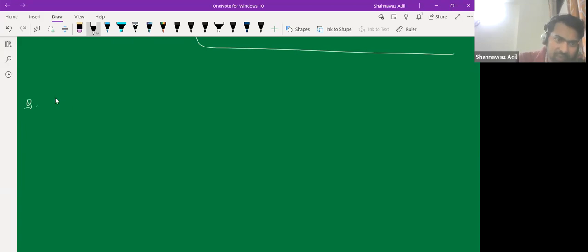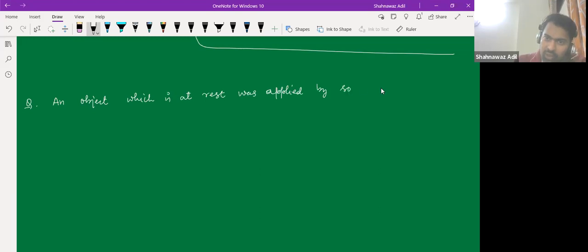Let's say an object which is at rest was applied by some external force and its velocity becomes, let's say, 4 meter per second.